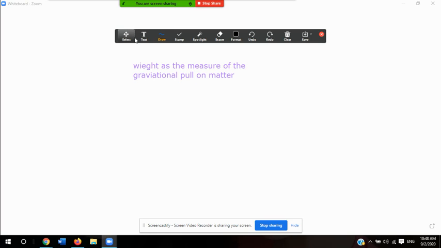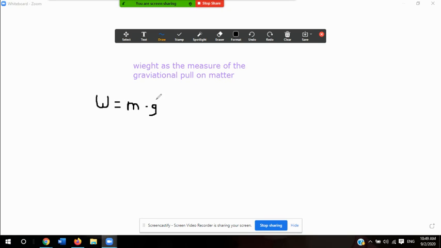Although this is more physics than chemistry, if we were to talk about weight on this planet, we would use the formula that says W equals mass, whatever the mass of the object may be, times gravity. We're not going to get into this formula because it is seen more in physics class, but this is just so you have an idea of what I'm trying to say.